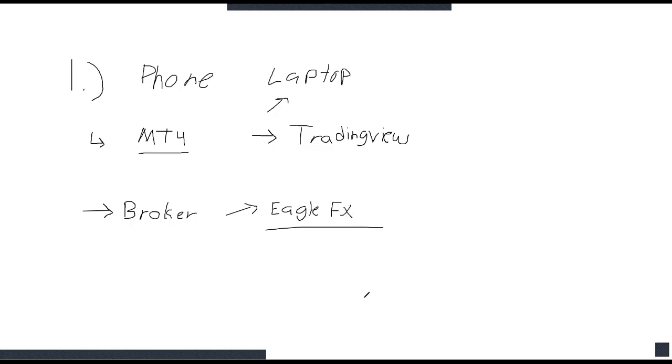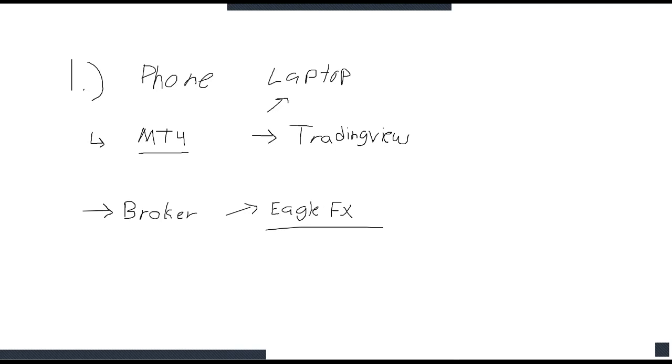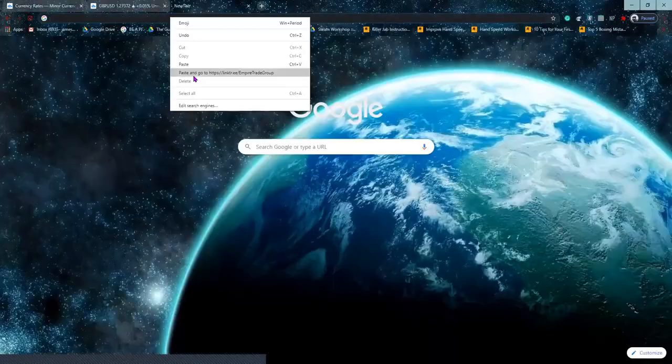It's called Eagle FX. And when you click on our link tree, you'll be able to see our link, and that's basically what you need to go to and click.